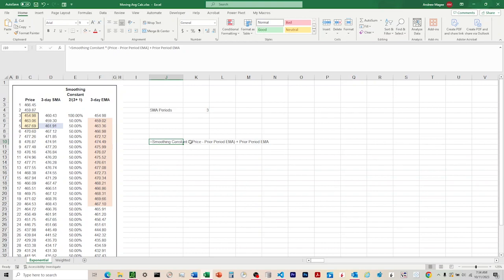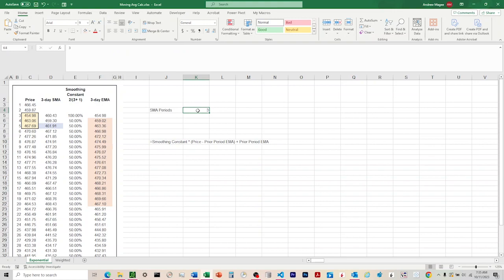You're going to have a smoothing constant, and we'll talk about that formula there, times the difference between the current price and the prior period exponential moving average number. And then we add the prior period exponential moving average number. The smoothing constant is 2 over n plus 1, n being whatever period you want to look at.